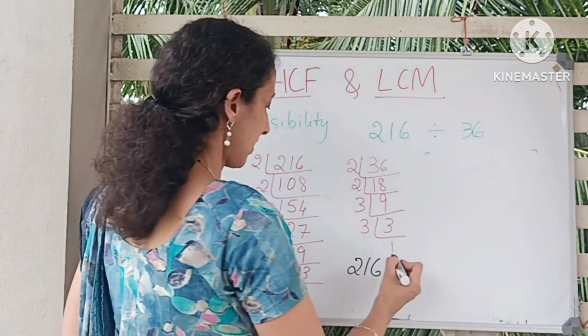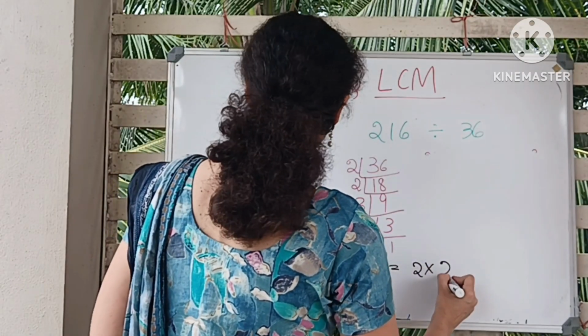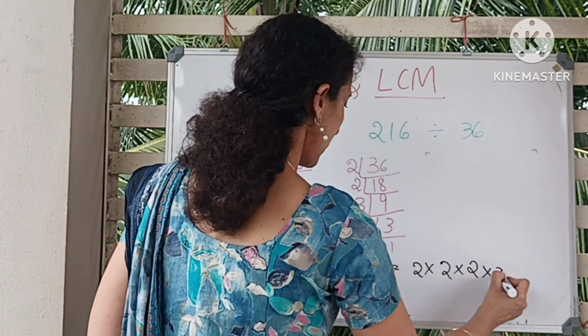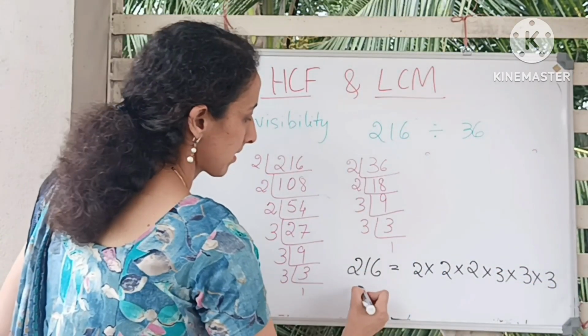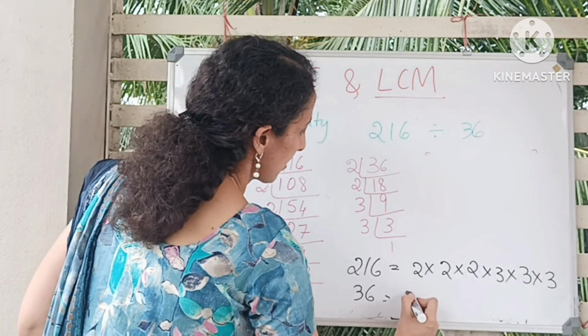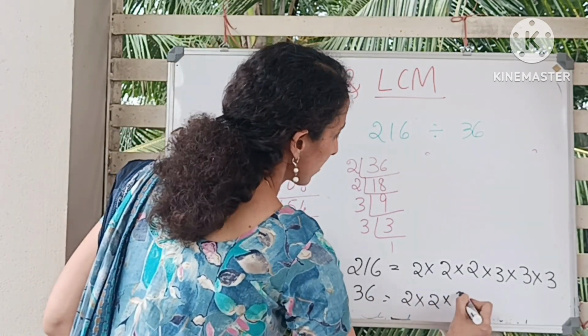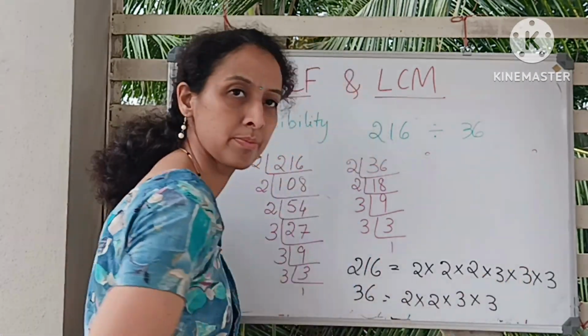216 can be written as 2 into 2 into 2 into 3 into 3 into 3, whereas 36 can be written as 2 into 2 into 3 into 3.